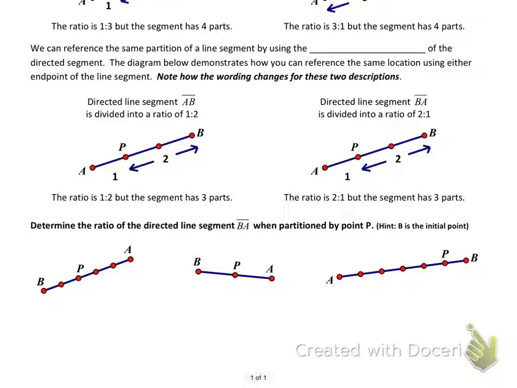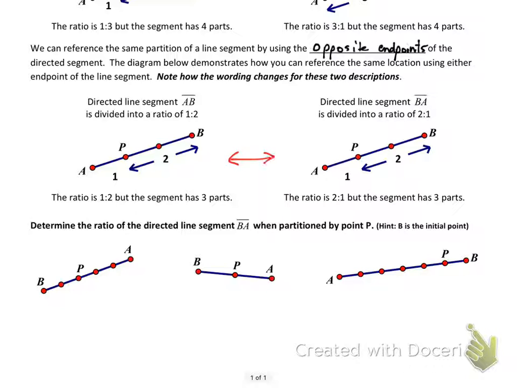Okay, we can reference the same partition of a line segment by using the opposite endpoints. Okay, and we'll have some practice on this on the back side, but you'll notice right here the diagrams between these two are exactly the same.